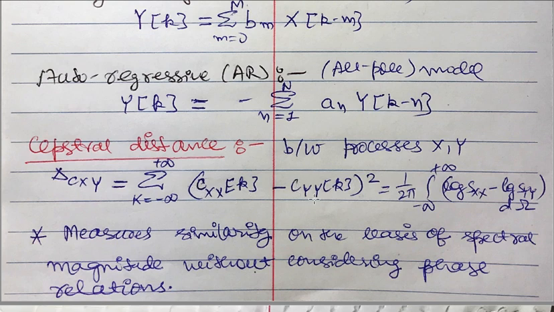And here Cyy is the covariance of y at time k. We take the successive time-wise subtraction, square it and add it. This is the concept of distance.